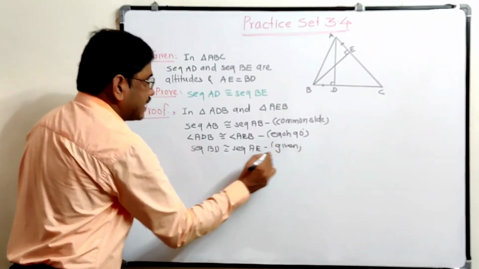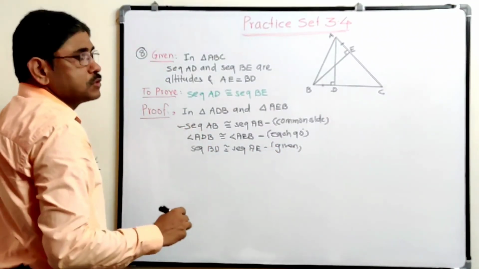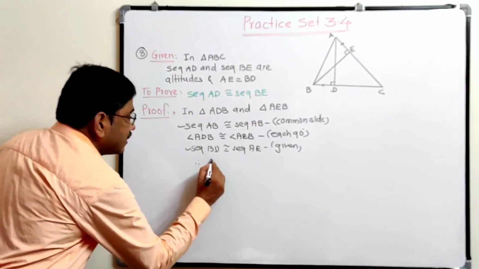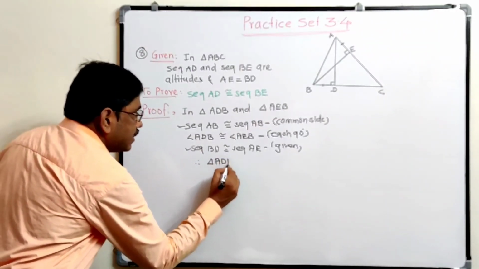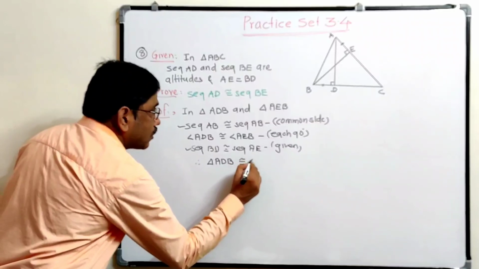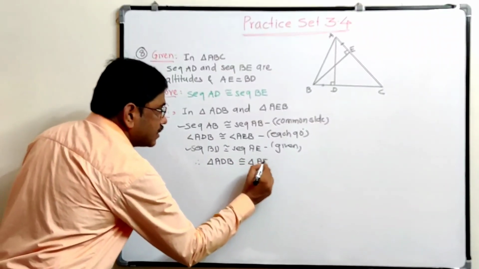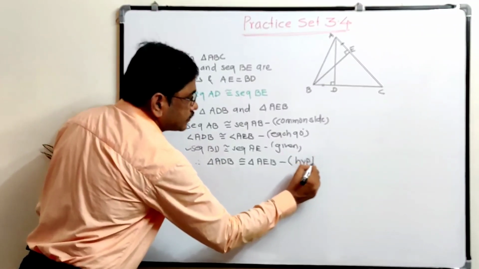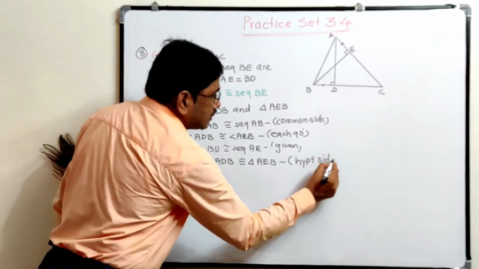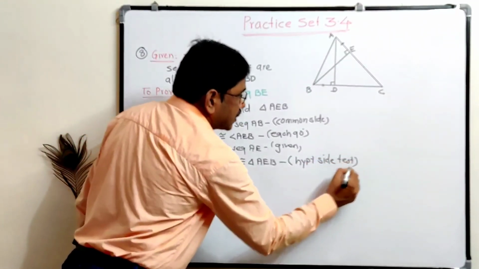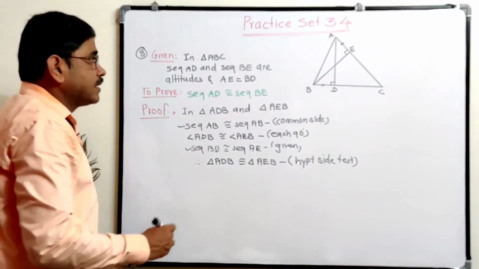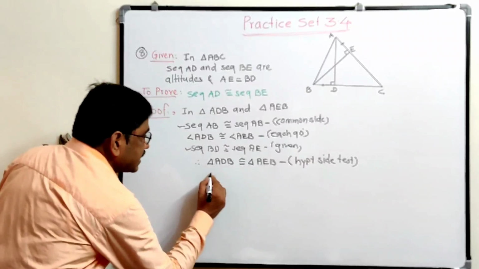In a right angle triangle, AB is the hypotenuse, opposite to 90, and there is one side. So triangle ADB becomes congruent to triangle AEB by the hypotenuse side test. By the hypotenuse side test, these two right angle triangles become congruent, and therefore their corresponding sides are congruent.